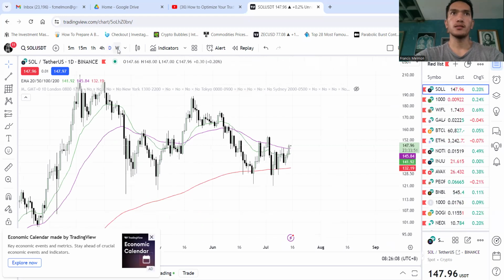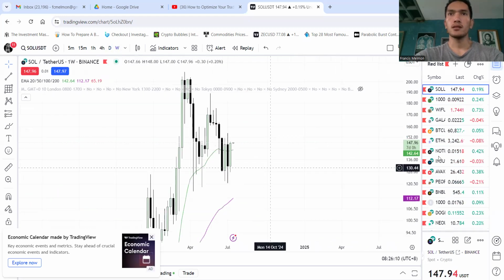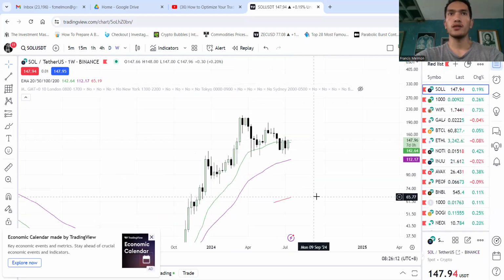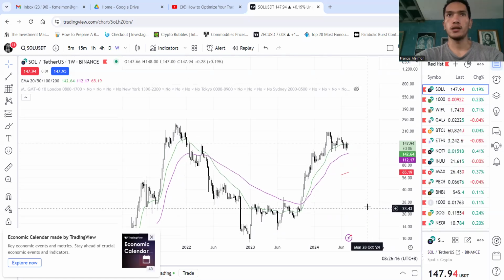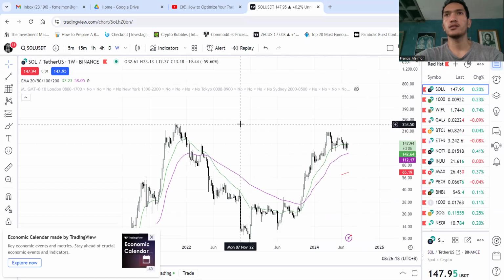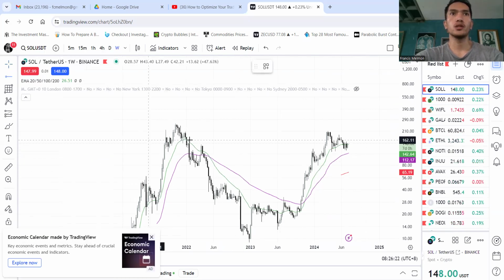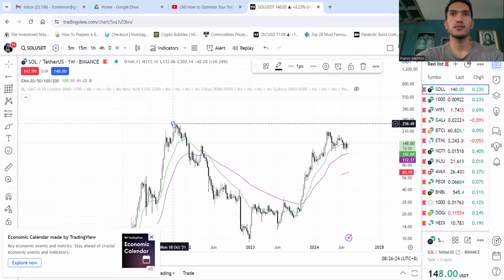Okay, for the Solana, yes, you can see we have the same scenario in the Solana as we have in Bitcoin. It's just that we still don't have this take up liquidity or the break of the all-time high.